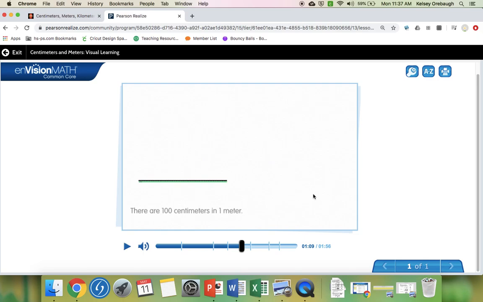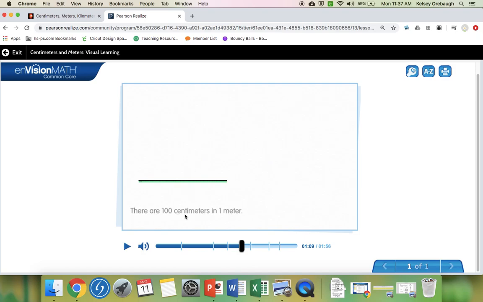And how many pennies or cents are in a dollar? 100. That prefix cent, C-E-N-T, means 100. So a centimeter is a small part of a meter. In fact, there are 100 centimeters in 1 meter.